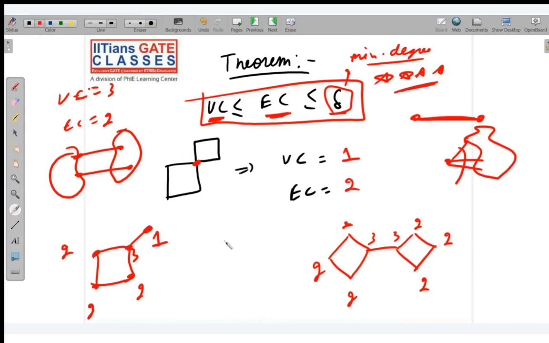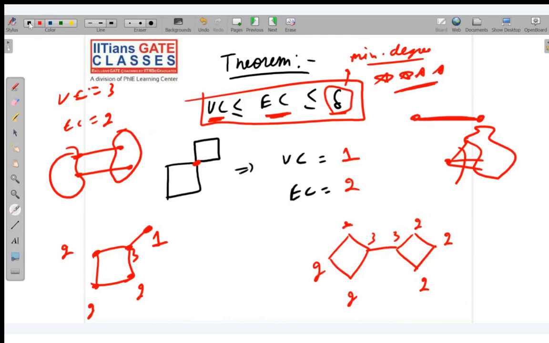So here in this example, I did not get how edge connectivity is less than or equal to minimum degree. Yeah, see, minimum degree is 2 here, right? 2, 2, 2, 2, 2, 3, 3. So minimum degree is 2. But what is edge connectivity?